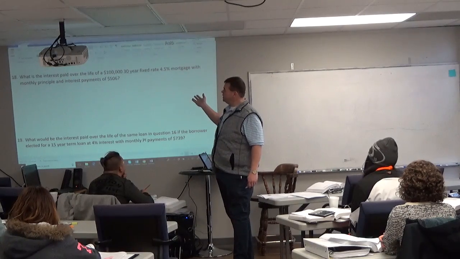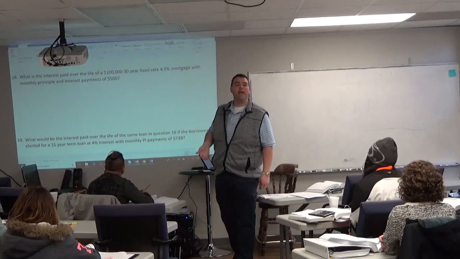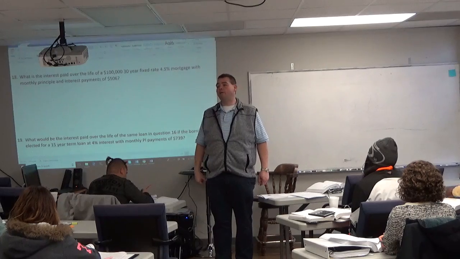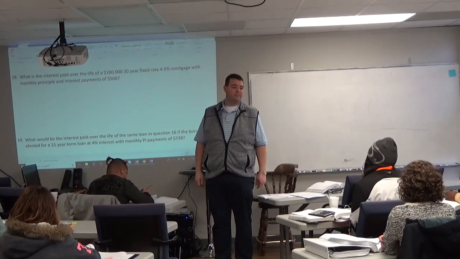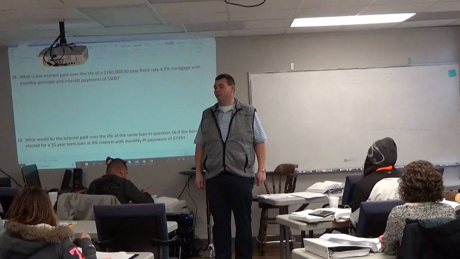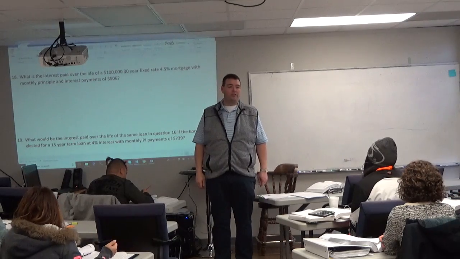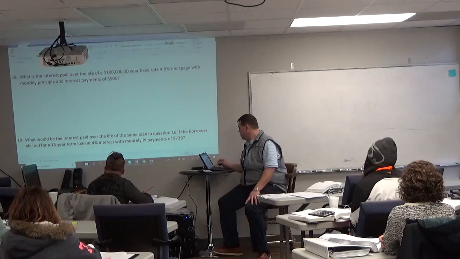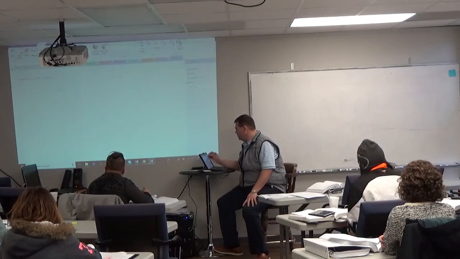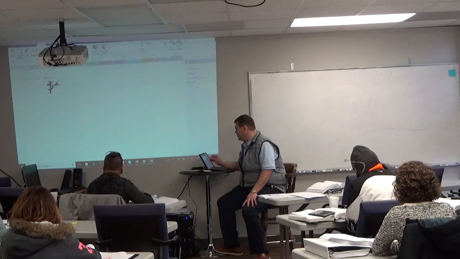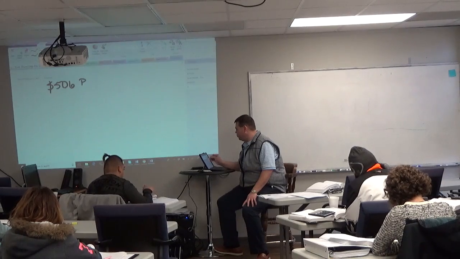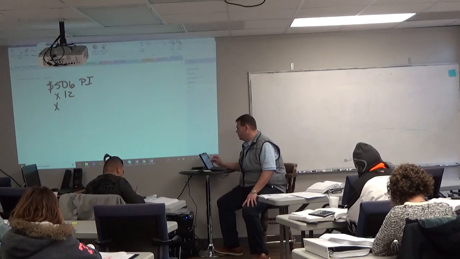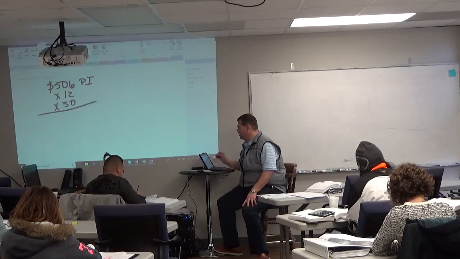They gave us the monthly payment, right? Do we know how many times we're going to pay that payment per year? 12 times a year. For how many years? 30 years. So couldn't we just simply say, I'm paying $506 a month for principal and interest times 12 months a year times how many years? 30 years.